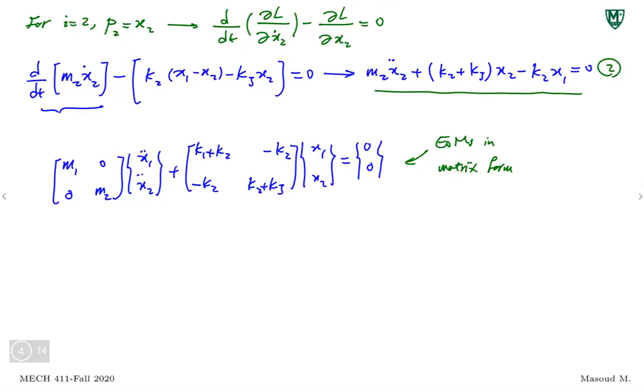I gave you this system as a homework problem to find its natural frequencies and mode shapes. Remember that I'm going to look at a cart and pendulum system. I gave you just the final equation of motion matrix form, so pretty much the same story. You could find eigenvalues from their natural frequencies and mode shapes. But now let's see how can we actually derive those equations of motion.